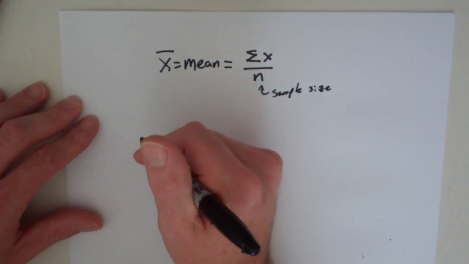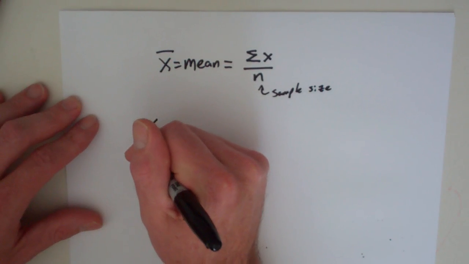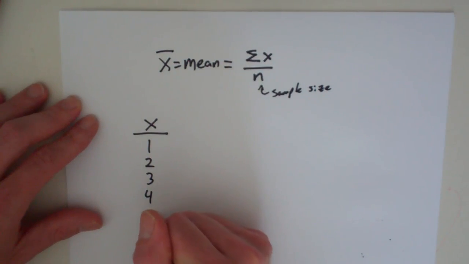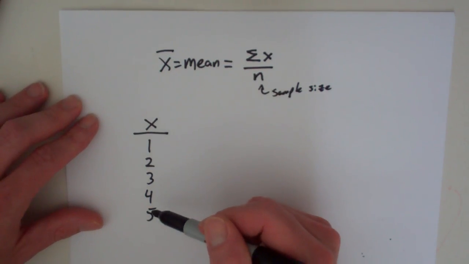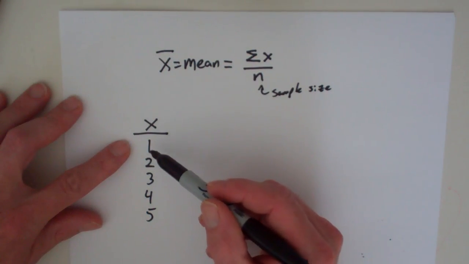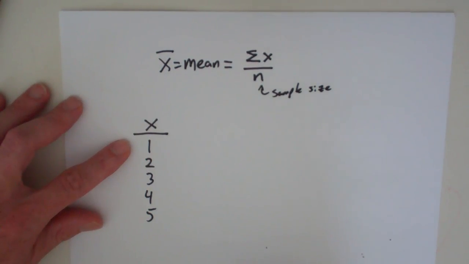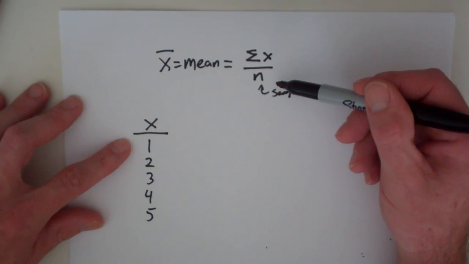So if we take some make-believe population, so here's category X, and we have 5 observations of x's, and these are different measurements. So we measured one individual that happened to be a size of 1, another one that was a size of 2, another one a size of 3, etc. down to 5. Our sample size is 5.